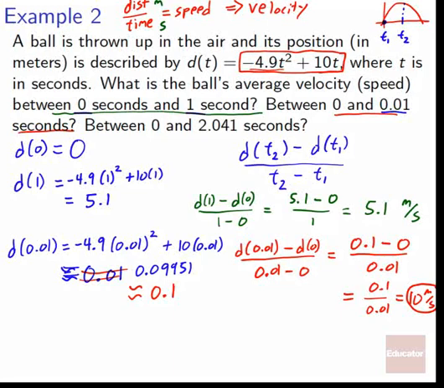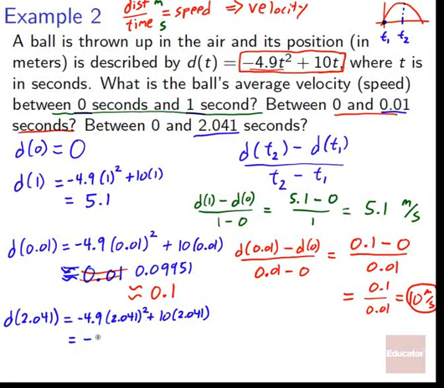All right, finally, between 0 and 2.041 seconds, so let's plug in d of 2.041 equals negative 4.9 times 2.041 squared plus 10 times 2.041. That's going to come out to be negative 0.0018.